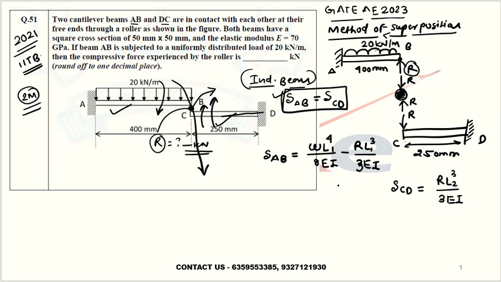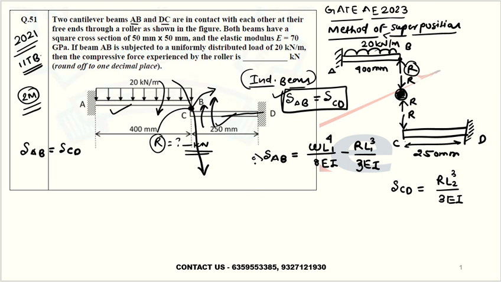Now I told you, I'm reading that statement: to maintain the equilibrium, deflection at the roller will be the same. So this is the condition, deflection AB is equal to deflection CD.